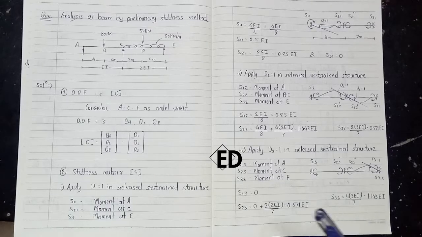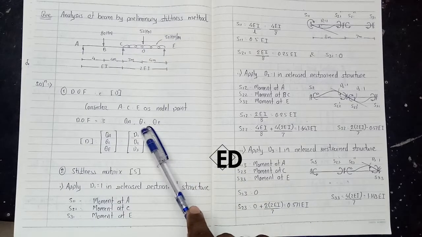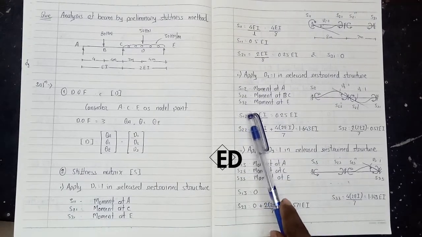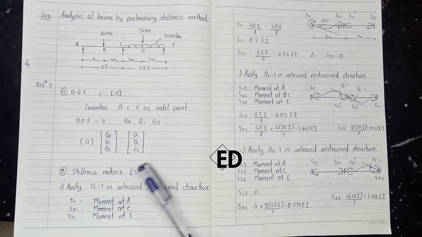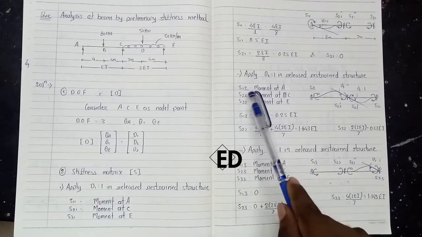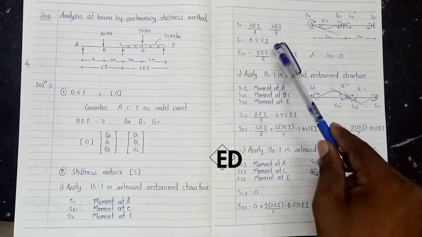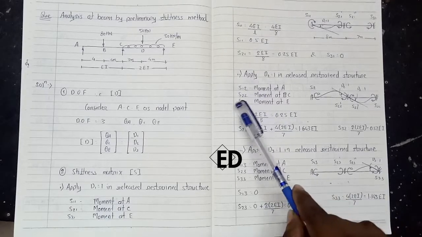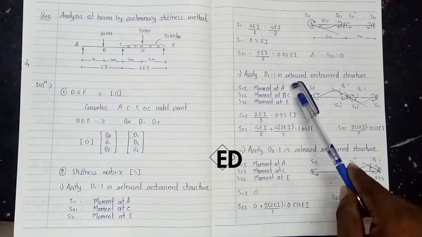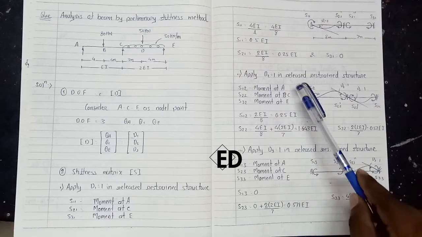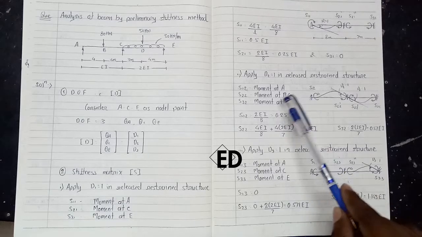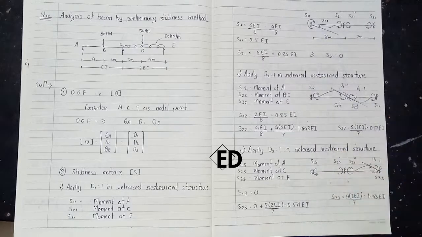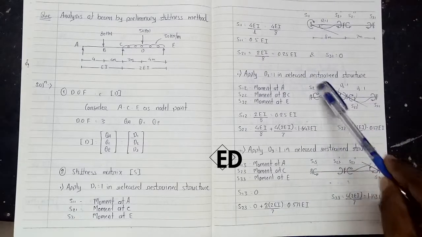For calculating the stiffness due to the unit deflection at C, I mention S12, S22, S32, as we have to generate the stiffness matrix for each degree of freedom. So this is the first column, and now we are in the second column. S12 is the moment at A, S22 is the moment at C, and S32 is the moment at E due to unit deflection at C. Here I represent the unit deflection.